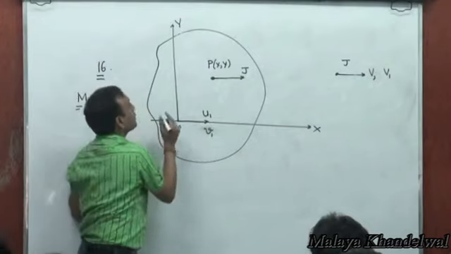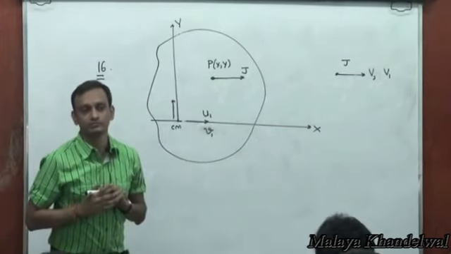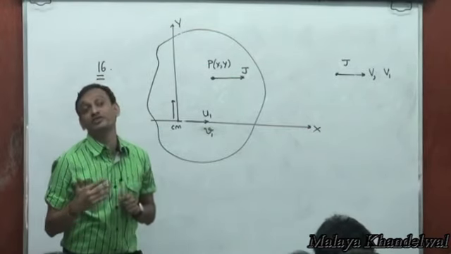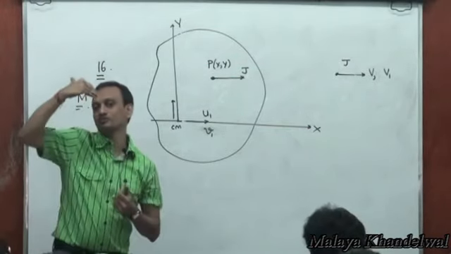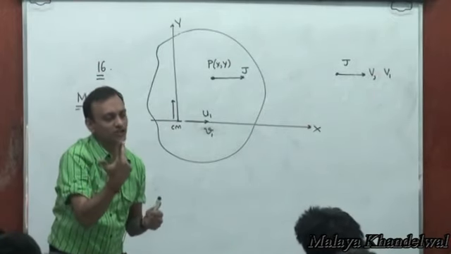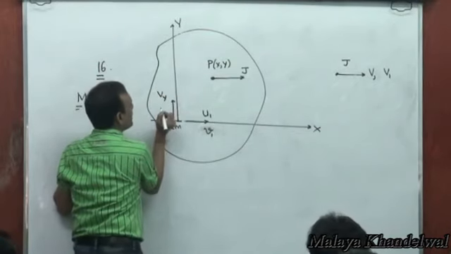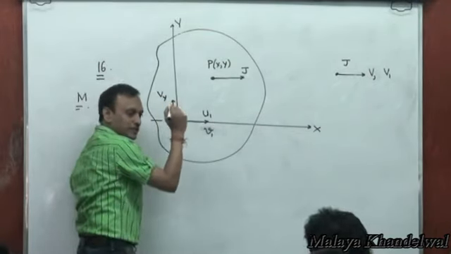Right? Along the y direction, the velocity before and after the impulse will not change because there is no component of J in the y direction. So it's not going to bring about any translational velocity in the y direction. If it was Vy before the impulse, it remains Vy after the impulse.